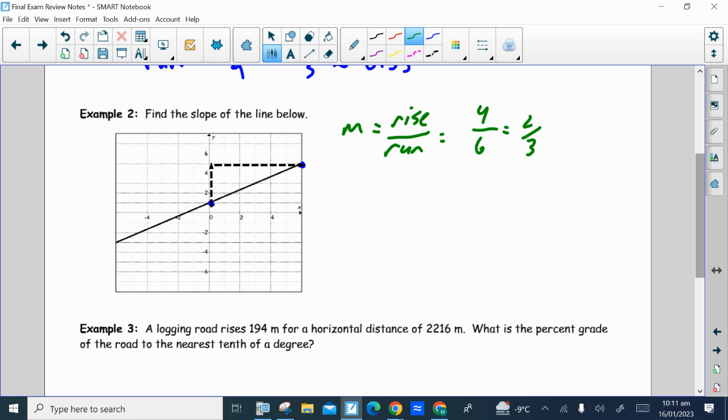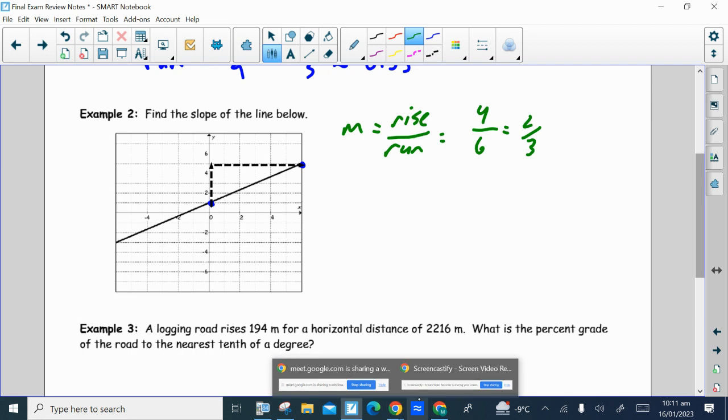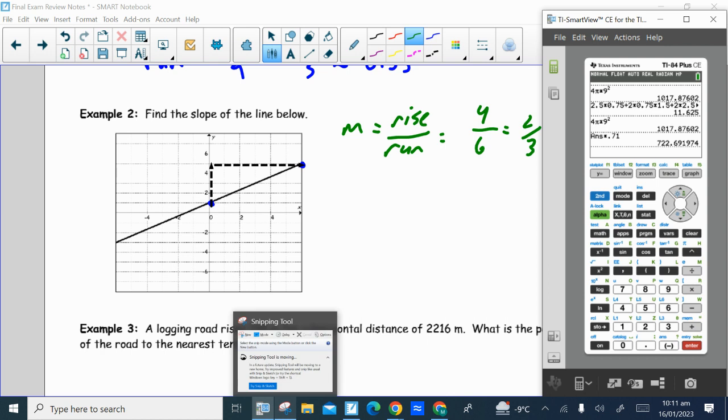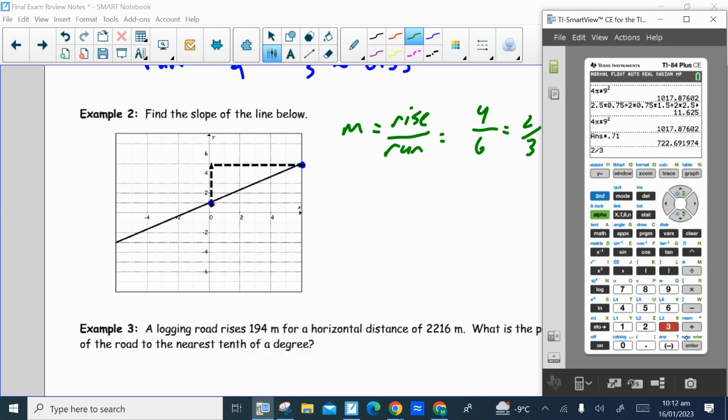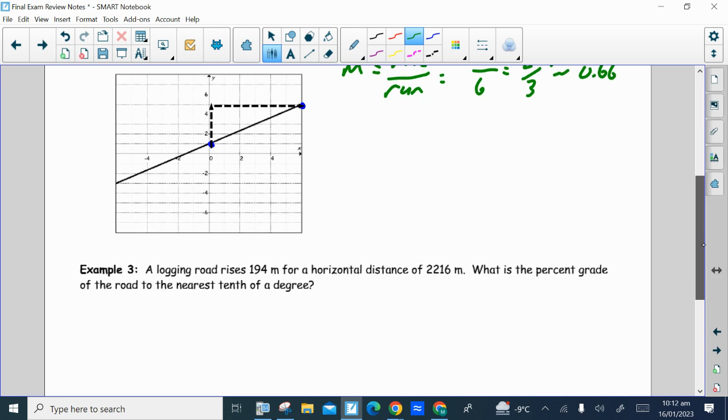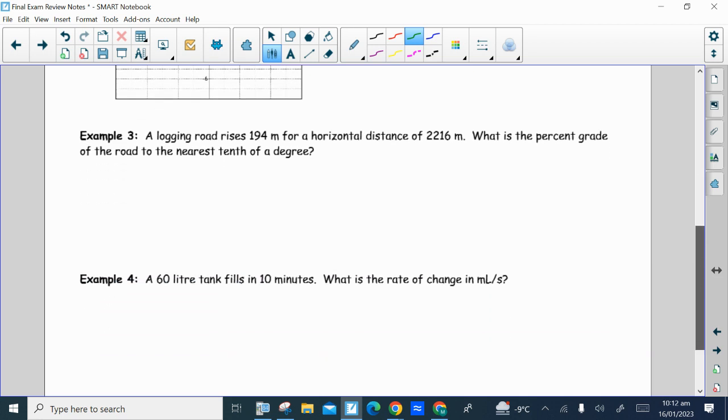If you wrote it as a decimal, you'd have to round it because 2 divided by 3 is 0.6 repeating. So we would say approximately 0.67. But again, slope is a number. It tells you how steep the line is.